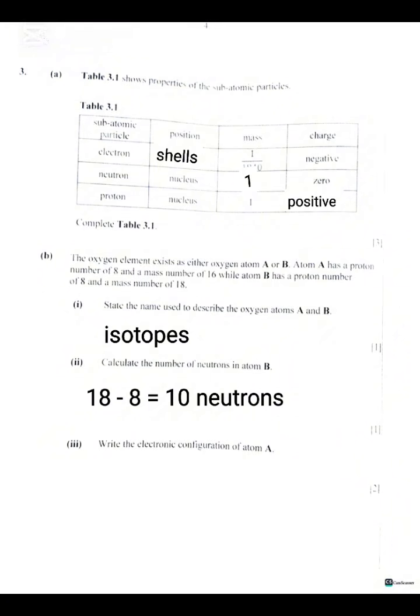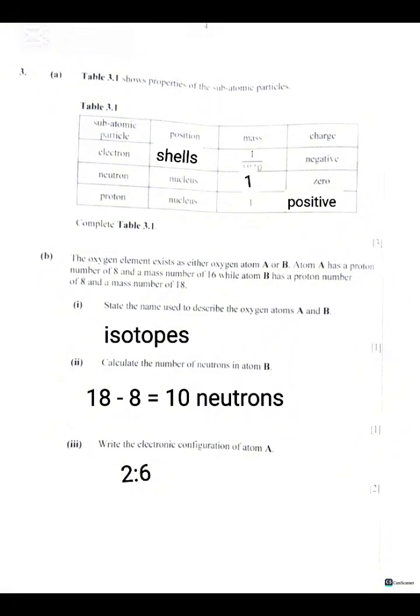And then write the electronic configuration of atom A. We are given that atom A has a proton number of 8. So you need to know that the number of protons and the number of electrons are equal in a neutral atom, right? So here, the number of electrons is 8.